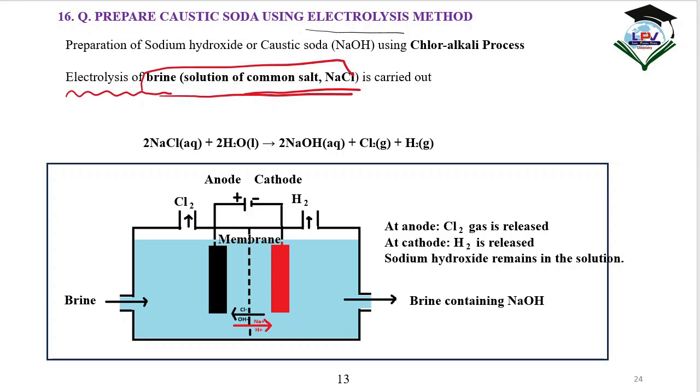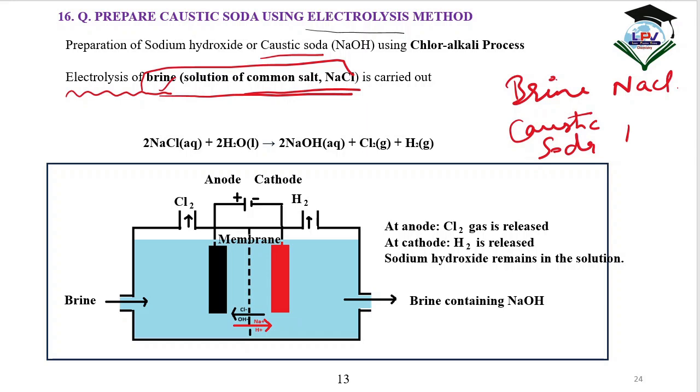So the question can be, what happens on electrolysis of brine? Brine is nothing but your sodium chloride, common salt. And the question can be, how can you prepare caustic soda or NaOH? If you get a question on caustic soda or NaOH, you have to understand that it is all the same question.